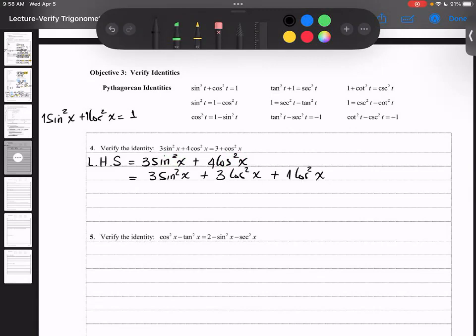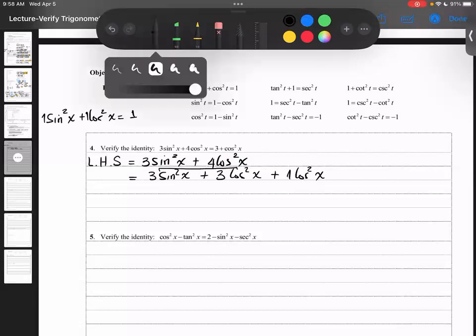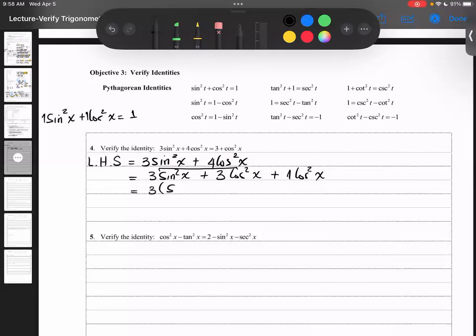3 plus 1 is 4, right? And then I'm going to combine the first two. What can I factor out for the first two? 3, right? So now I have sine squared x plus cosine squared x. There's my 1.